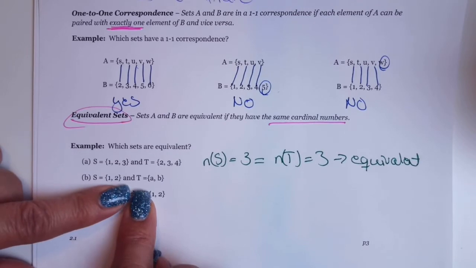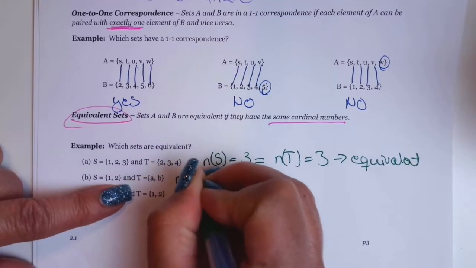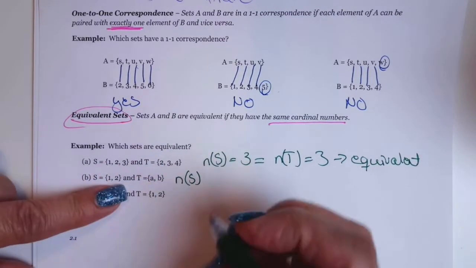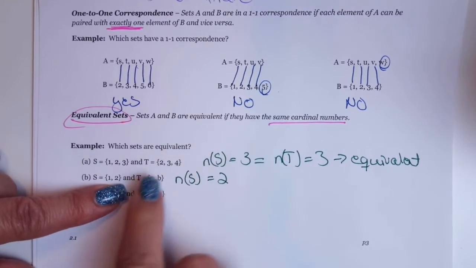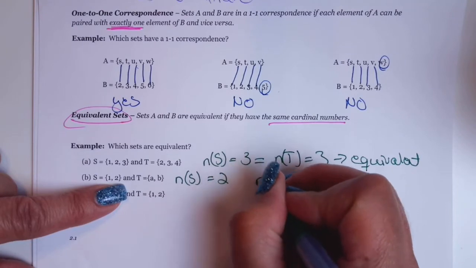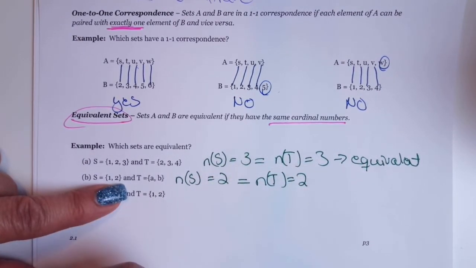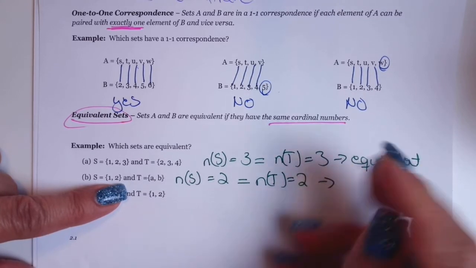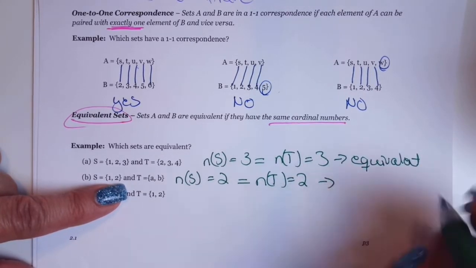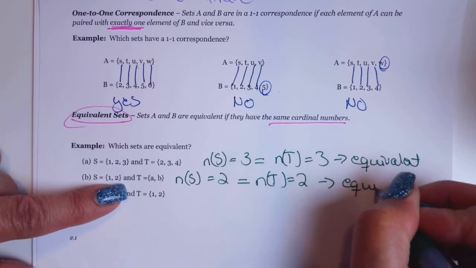Okay, our next one, the cardinal number of S is 2, and the cardinal number of T is 2. These two are equivalent, because the cardinal numbers are equal.